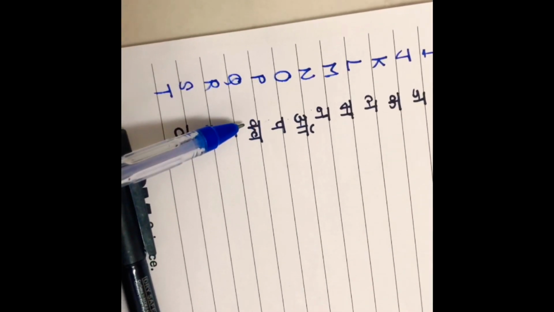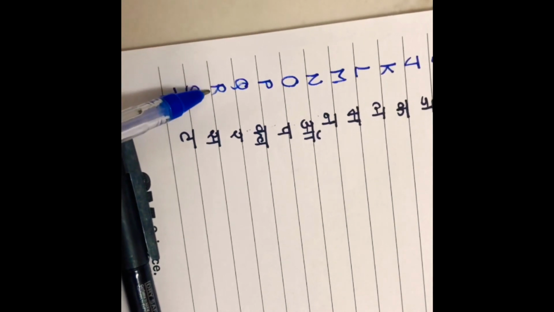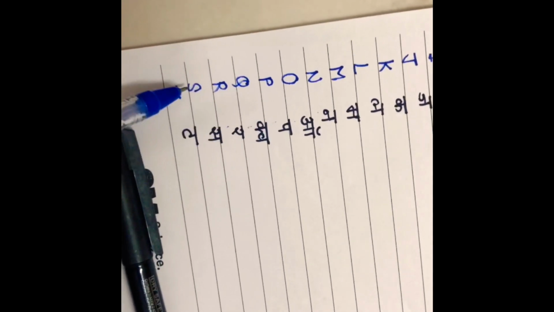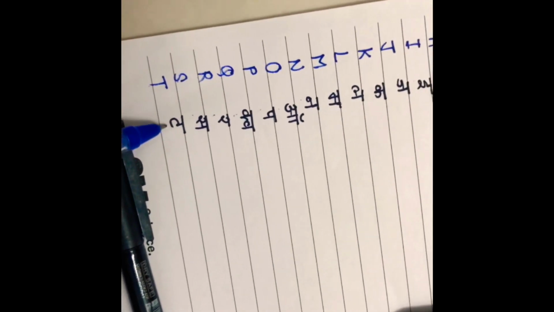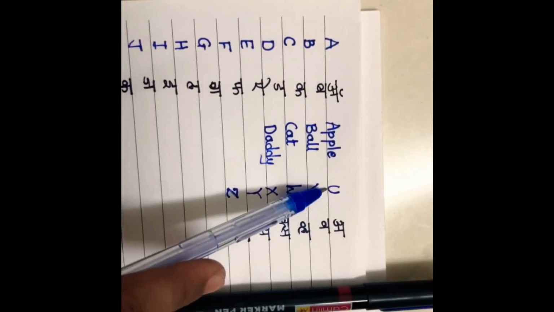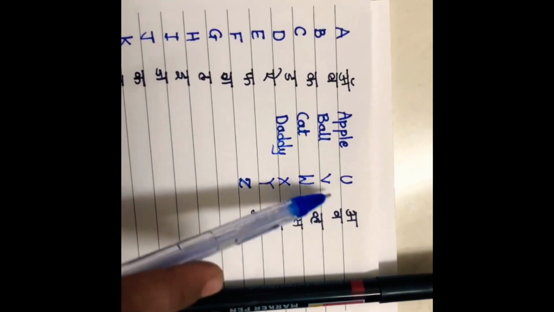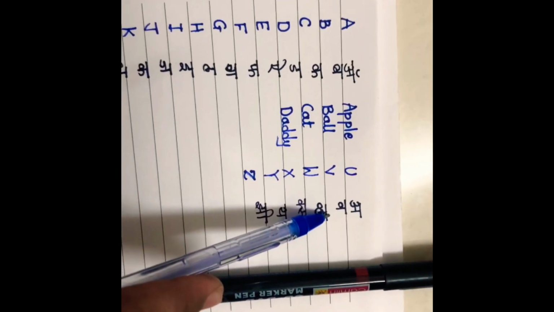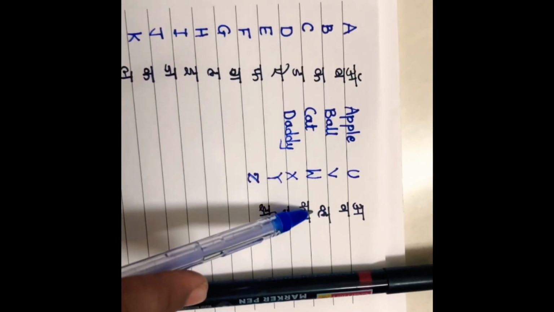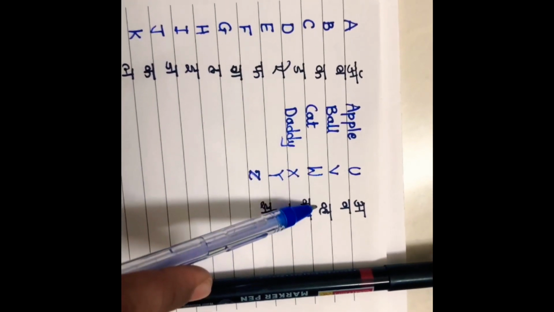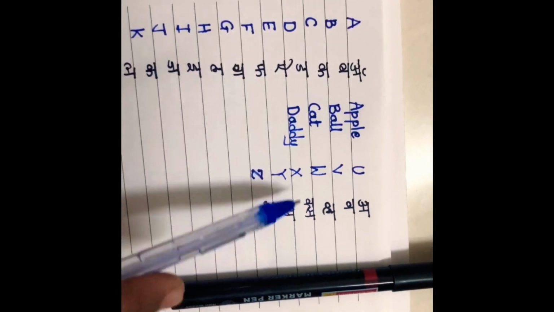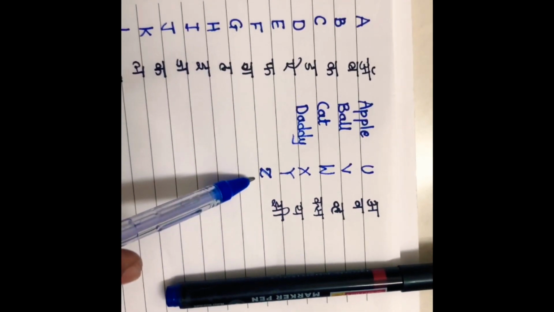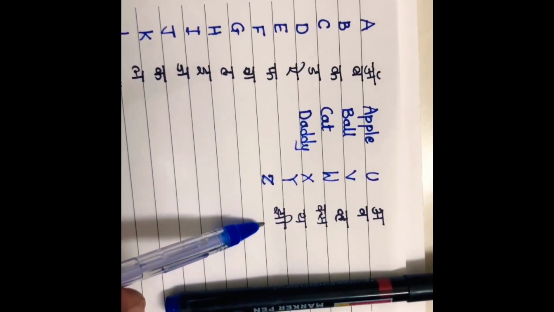This should be pronounced as a qu. R, r, S, s, T, t, U, V, W, w. It should be pronounced as a v. X, x, Y, Z.